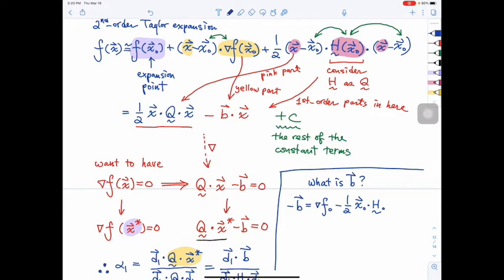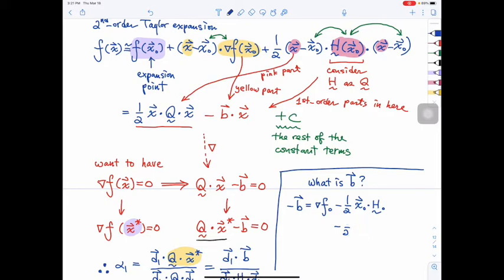So the other one is 1/2 Hessian dot x0. Oh, so two of them, they're the same.